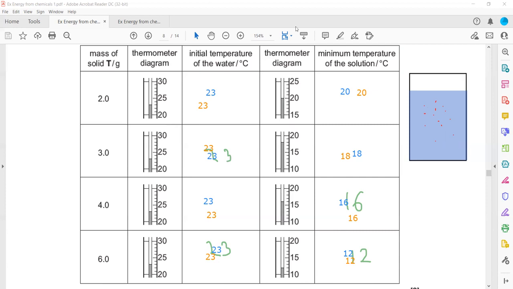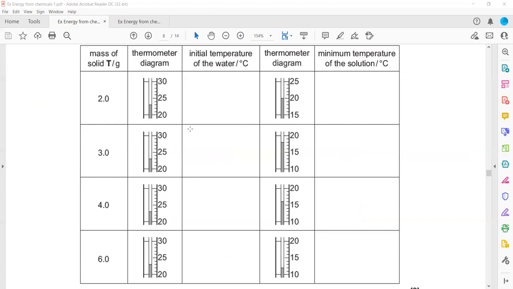From where will they take energy? The reactant particles take energy from the water. So when the reactant particles take energy from the water, the temperature of the water will decrease. That's why whenever the temperature of a solution or a liquid decreases, it means the change is endothermic.